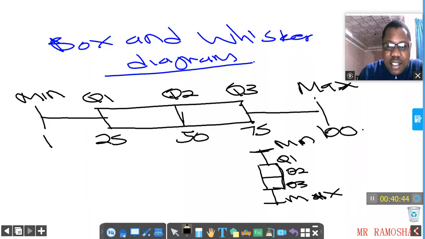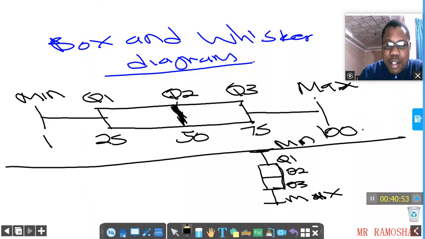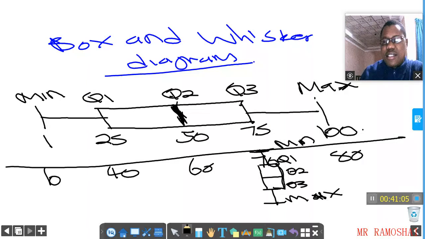At quartile number 2, I'm going to give you an example with marks. Let's say this is a scale representing the marks: 10, 40, 60, 70, and 80. These are the marks of learners. If you see 60 here, we look on top.